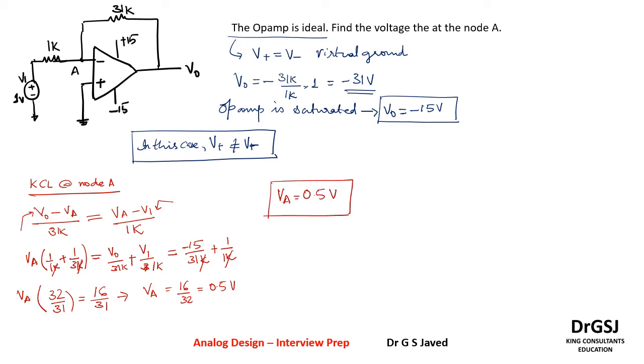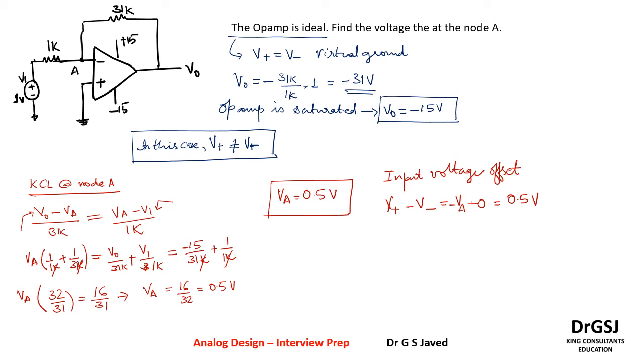So what does this mean? This means that there is an input voltage offset, which is V plus minus V minus, equal to VA minus 0, equal to 0.5 volt.